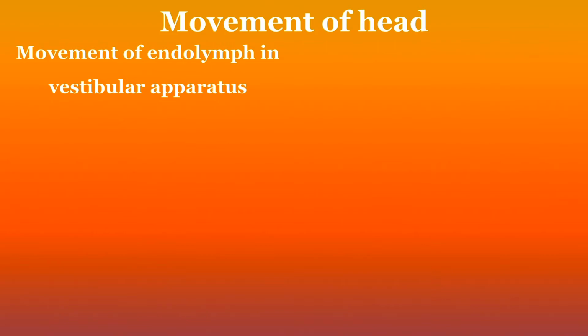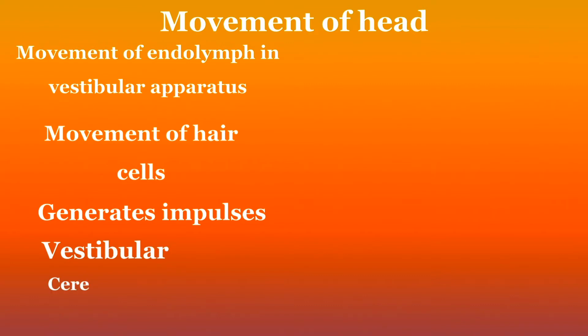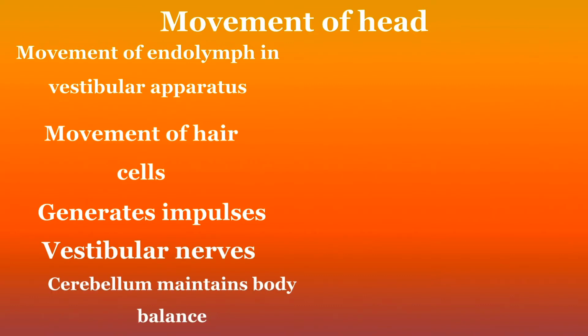This causes movement of the sensory hair cells and generates impulses. These impulses are transmitted by the vestibular nerves to the cerebellum and the equilibrium of the body is maintained.